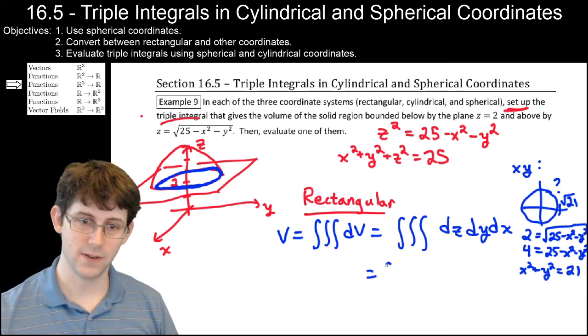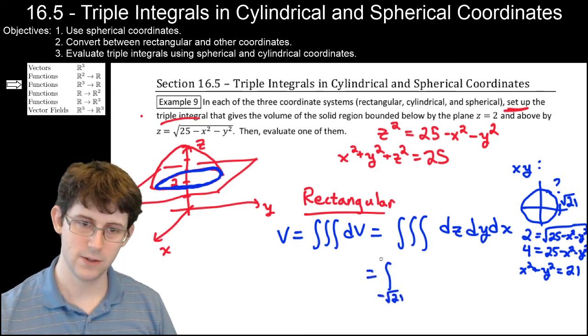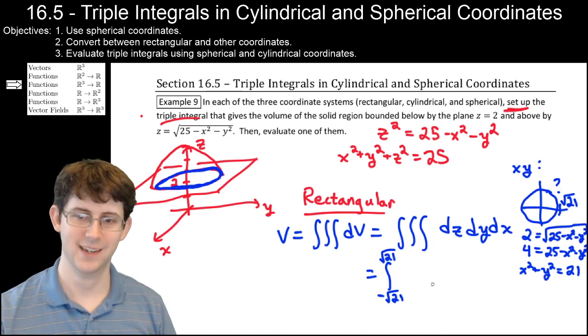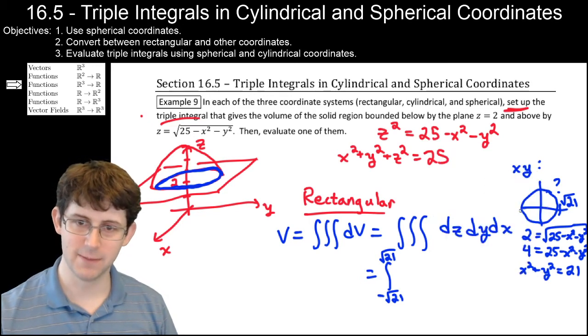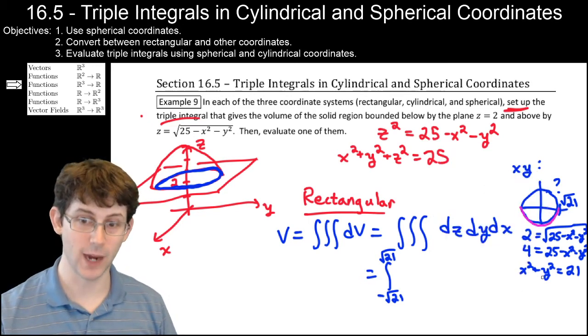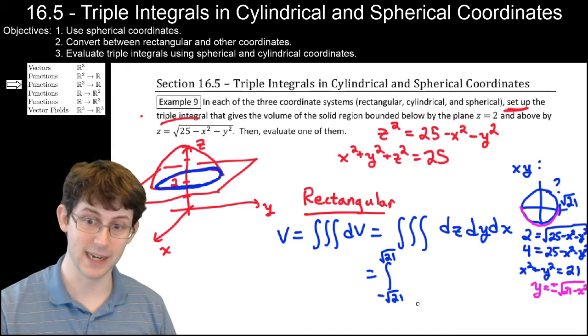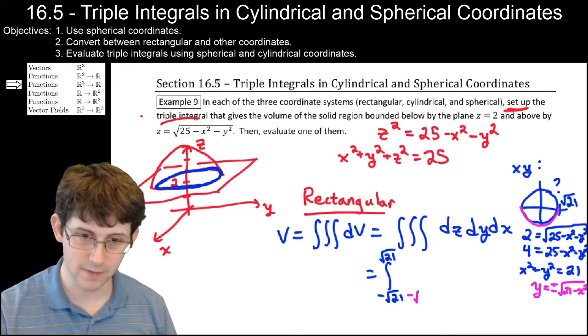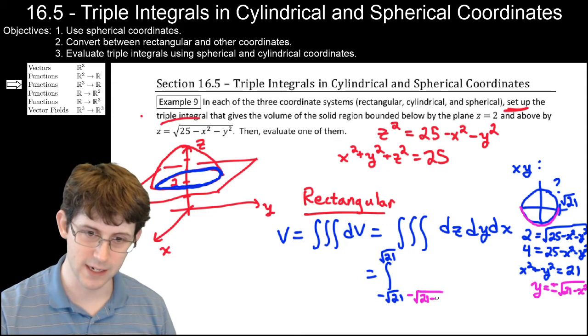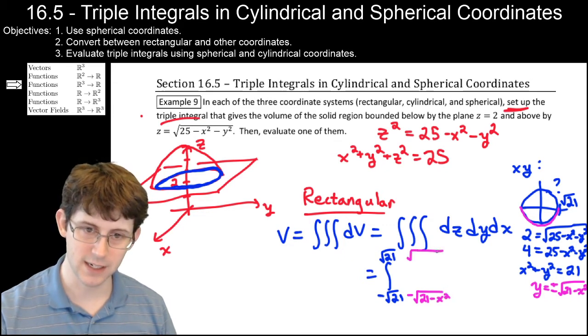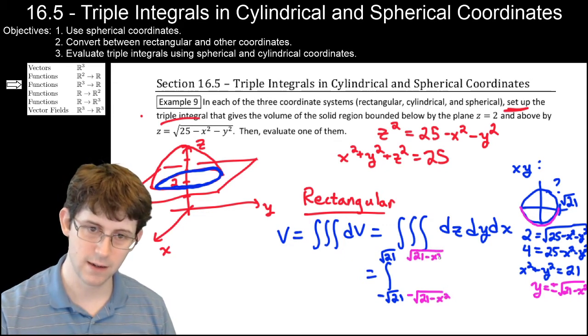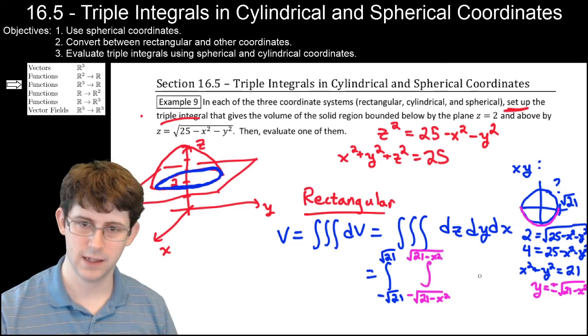So x goes from minus square root of 21 to square root of 21. That's too bad. Then in the xy plane, the bottom function is the bottom of this circle. So I would solve for y. Y is plus or minus the square root of 21 minus x squared. So the bottom function for y is this one. And the top function is the positive version. And this is the dy.